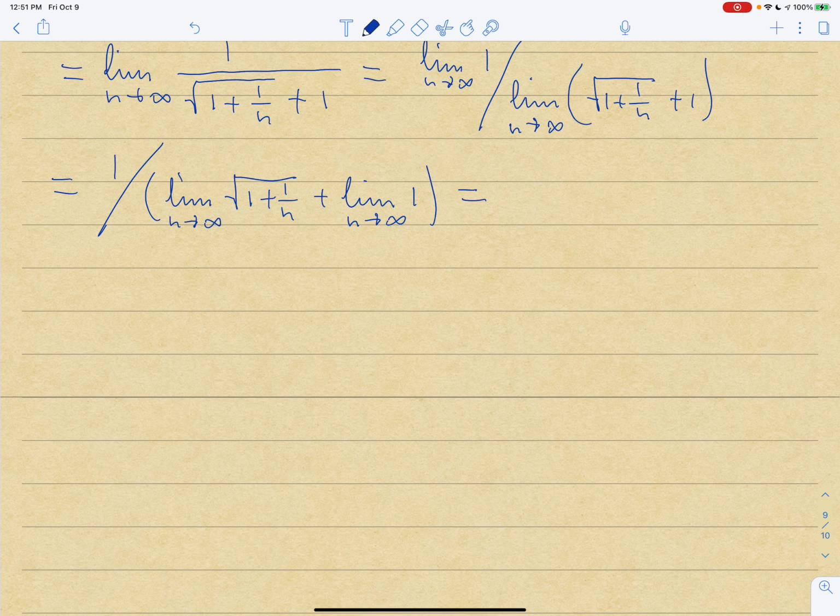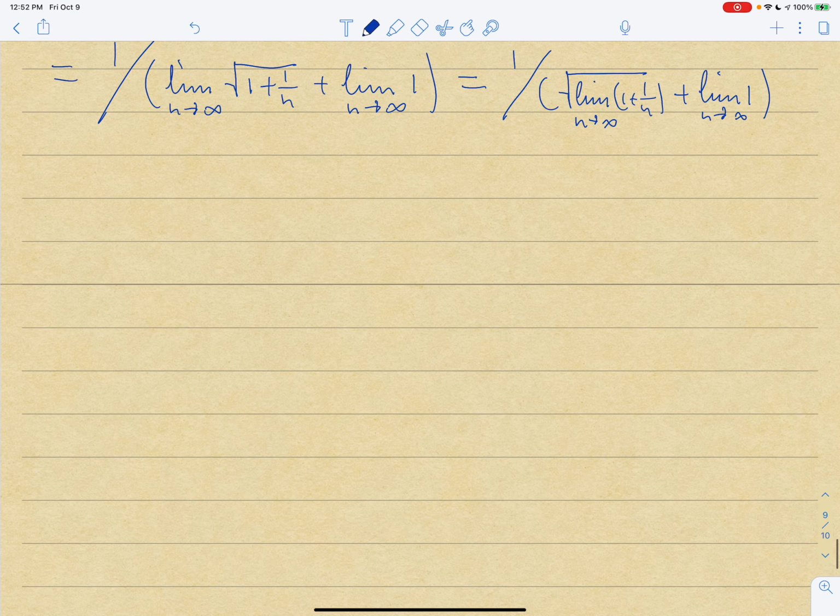We already used an example where we proved that the limit of a square root of a sequence is the square root of the limit of that sequence. So this should be the same as 1 over the square root of the limit of 1 plus 1 over n as n goes to infinity. That's again an example from a previous section, plus the limit n goes to infinity of 1.